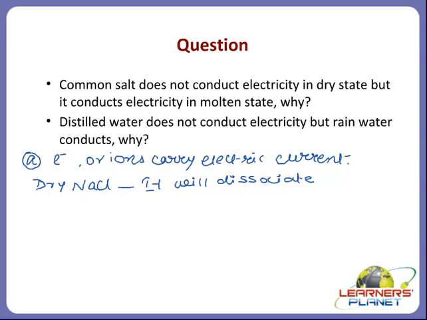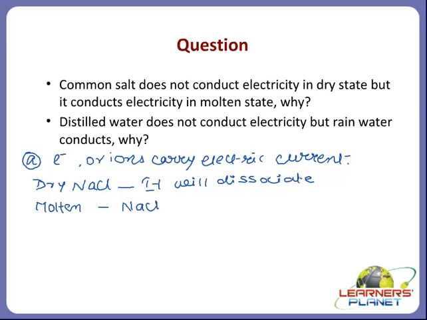So this NaCl is not going to be dissociated. When it is not dissociating, what are the entities which will carry electric current? Nothing, right? But now if I have taken molten NaCl or NaCl solution, that is in water, what will happen, children?